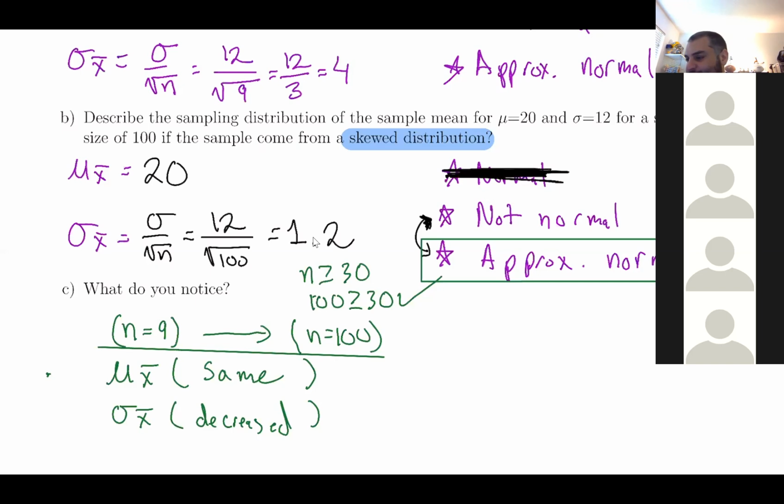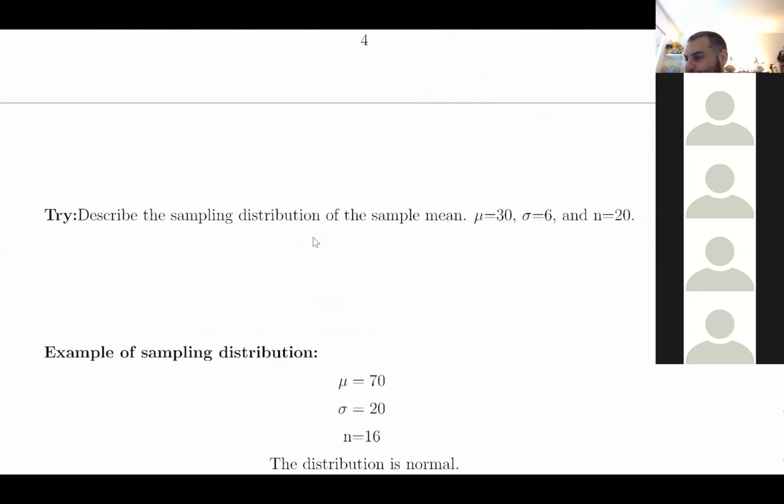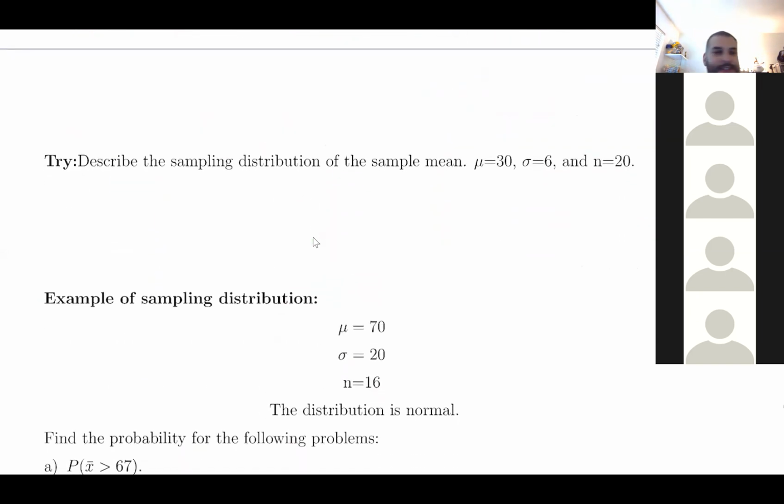All right, let's scroll on down. So what I want you to do is try doing exactly what we did right now for this next part. I want you to find mu of x bar. I want you to find sigma of x bar.